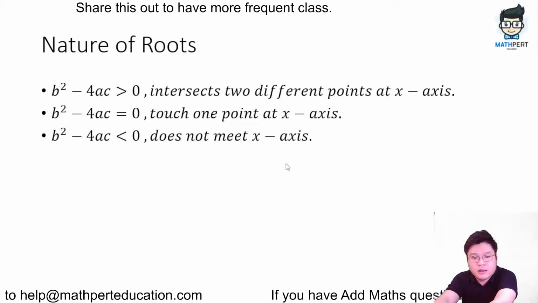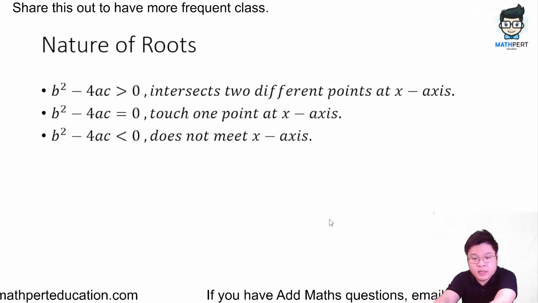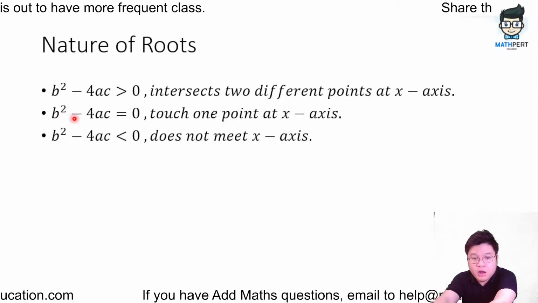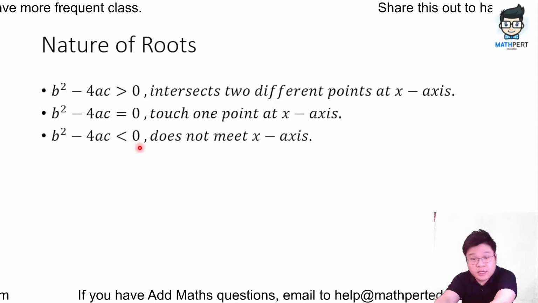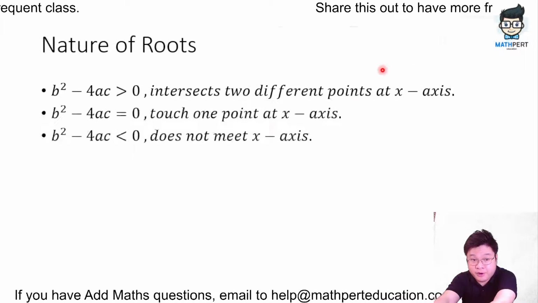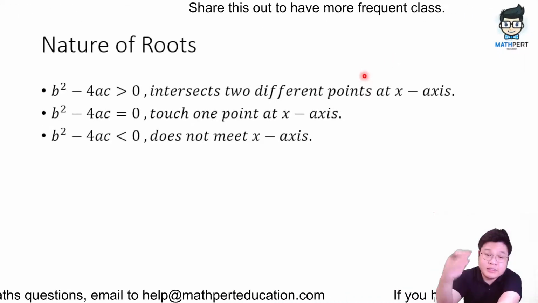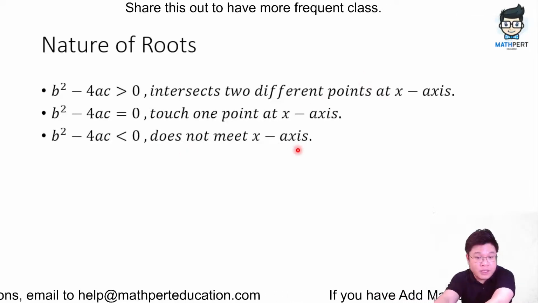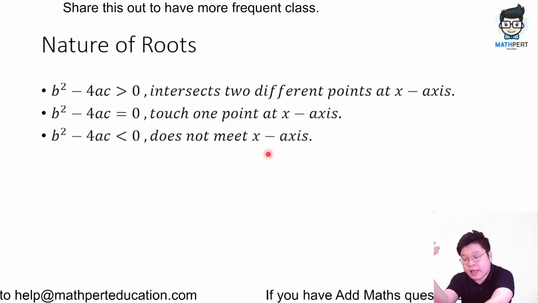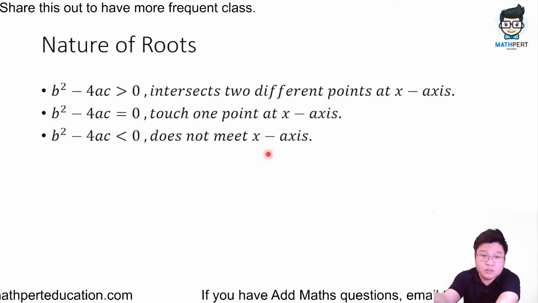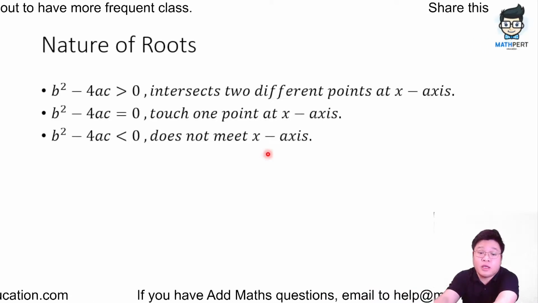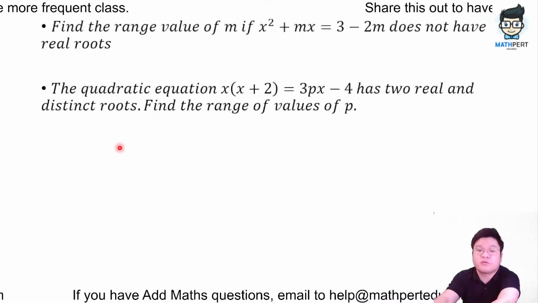Is it greater than 0? Is it equal to 0? Or is it less than 0? Does not have real roots, meaning it is less than 0. If you do not meet the x-axis, that means it does not have roots, it does not have solutions. So less than 0.